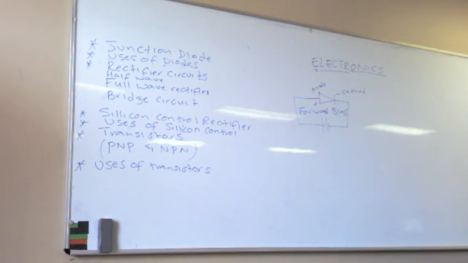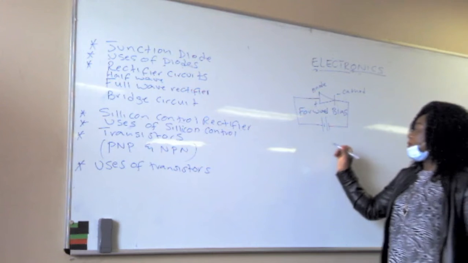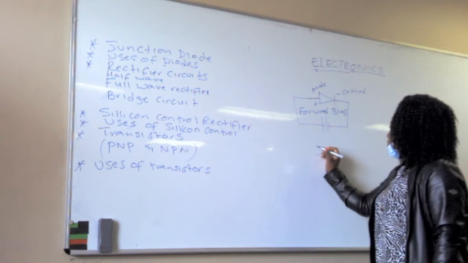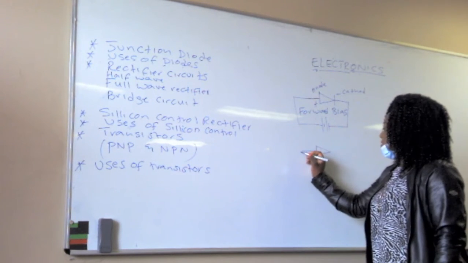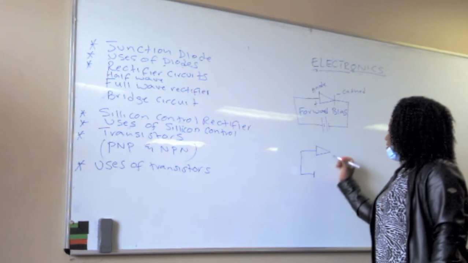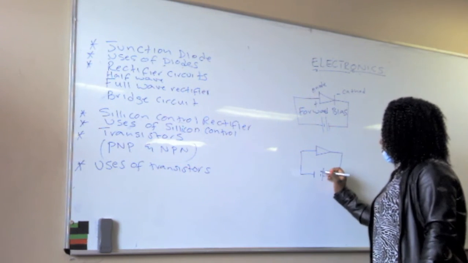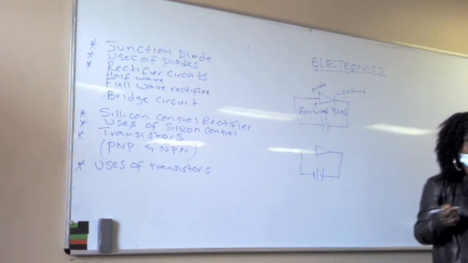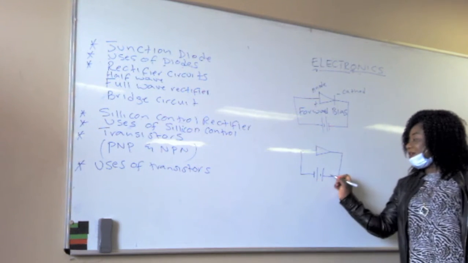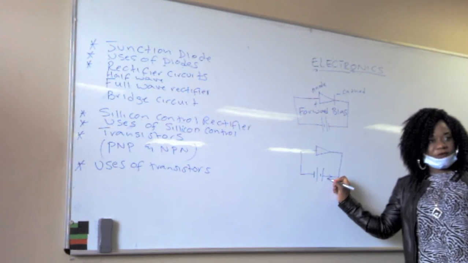In forward bias, a diode is acting normally. In forward bias, a diode is allowing current to flow. In reverse bias, where you swap, this is positive and you connect it to negative, and the negative you connect to positive. You see the way I've done it. We have reversed, because current should flow this way now, conventional flow.